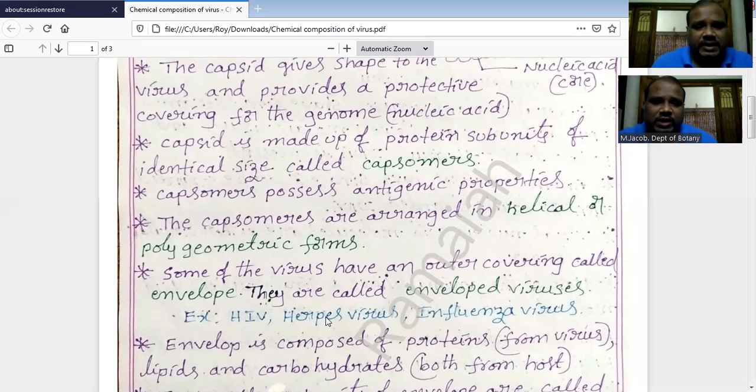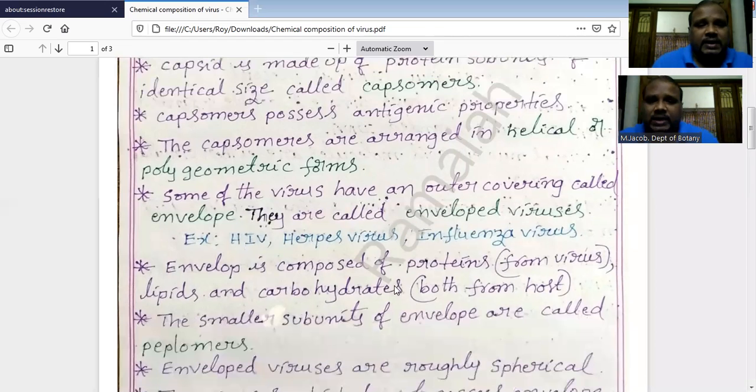HIV, herpes virus, and influenza virus are examples of enveloped viruses. This envelope is composed of proteins, lipids, and carbohydrates.